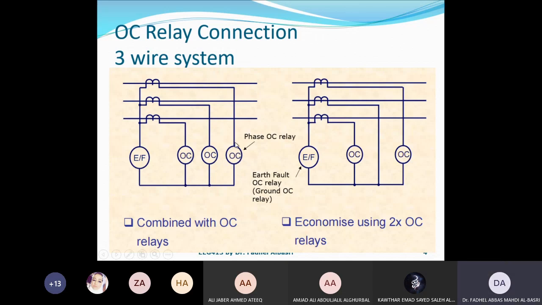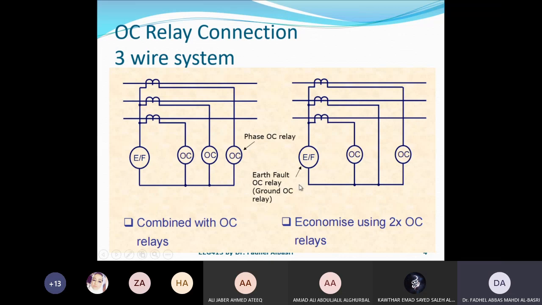In the electromechanical relay, this will be for phase A, phase B, and relay 3 is phase C, and the star connection of these three is connected to a fourth relay called the earth fault overcurrent relay.